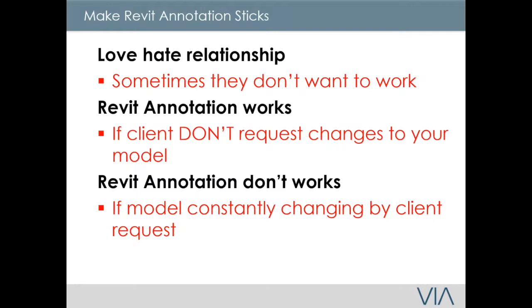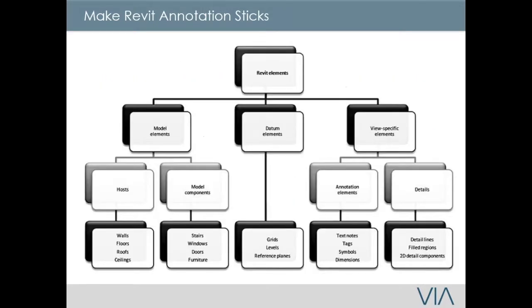Now, a lot of the time this is a sample of what Revit can do. You have Revit elements: model elements, datum elements, and view specific. So what I want to do today is describe how you embed certain annotations into the model elements so that you don't have to do a lot of extra work.